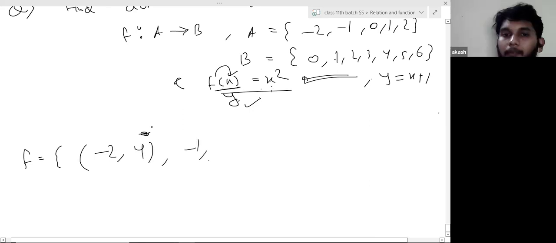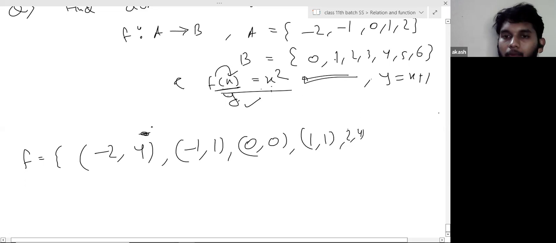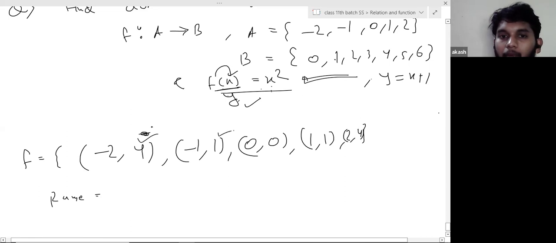-1, comma, 1. 0, comma, 0. 1, comma, 1. 2, comma, 4. So this is the function, right? All the ordered pairs are there. Range is the second elements, right? The images.